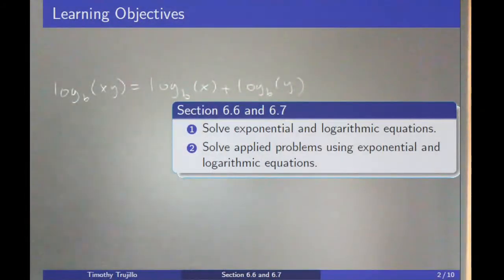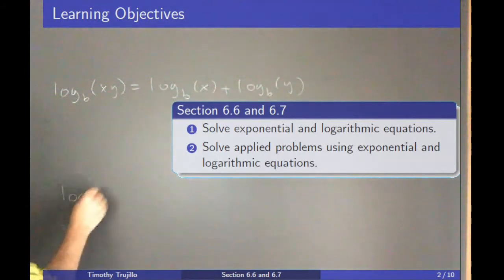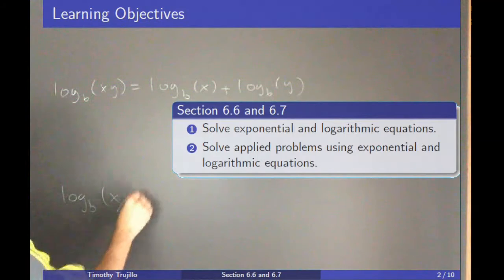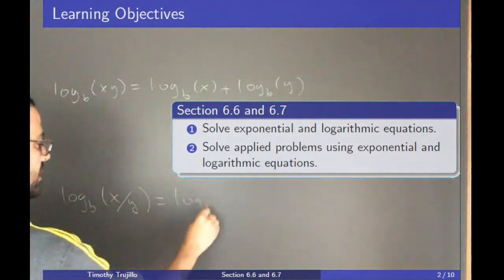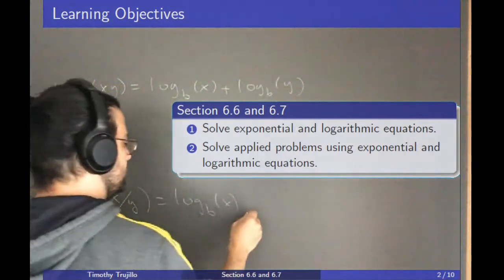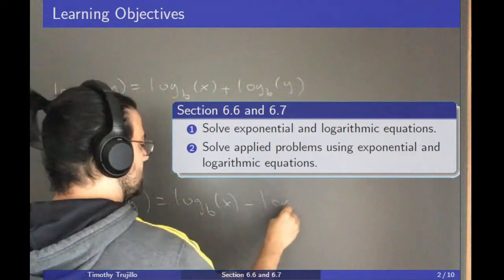We were calling that the product rule. And then we also had the quotient rule: the log base b of x divided by y just becomes subtraction, log base b of x minus log base b of y.